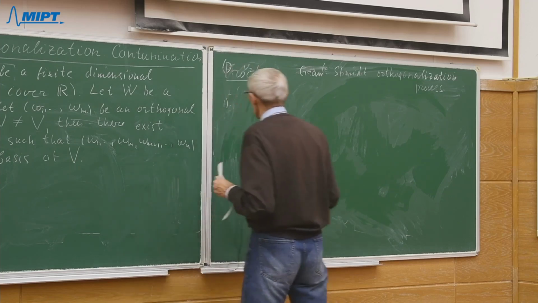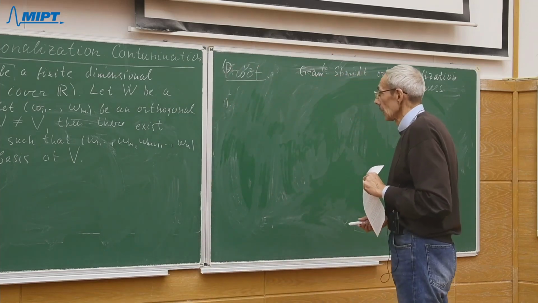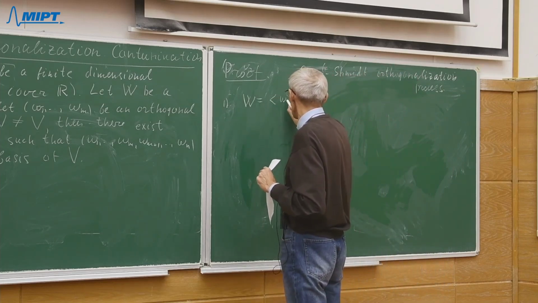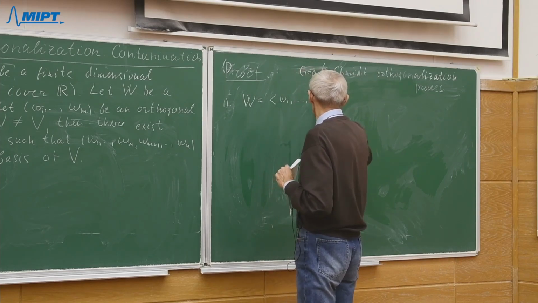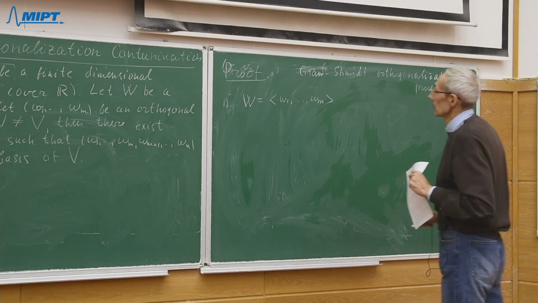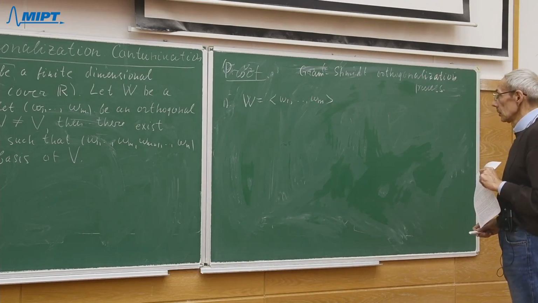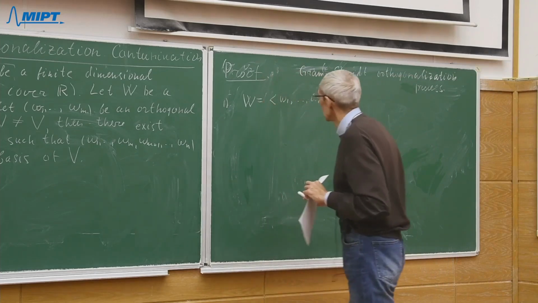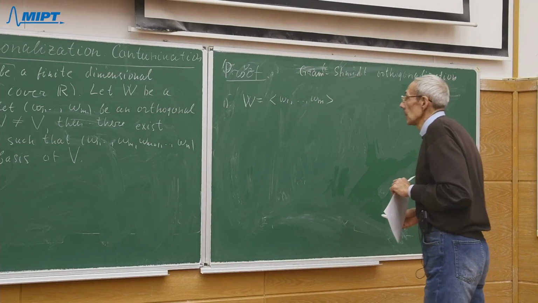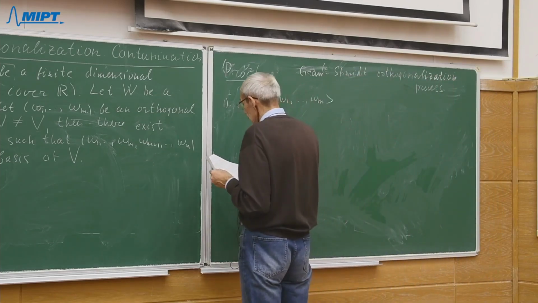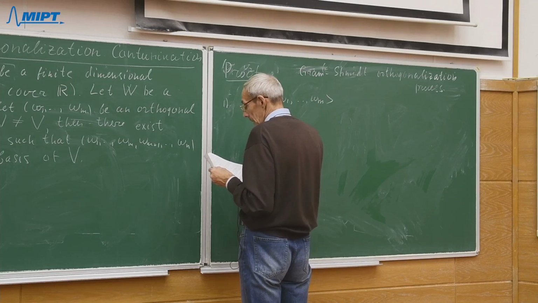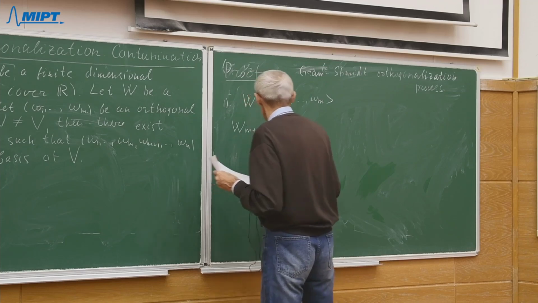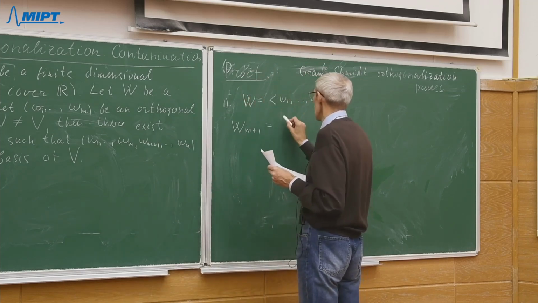First step, we have a subspace which is generated by the orthogonal system of the vectors W1, ..., Wm, and we extend this linear space and consider a space Wm plus 1.